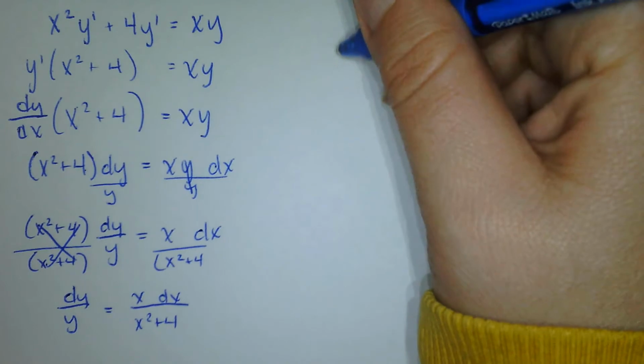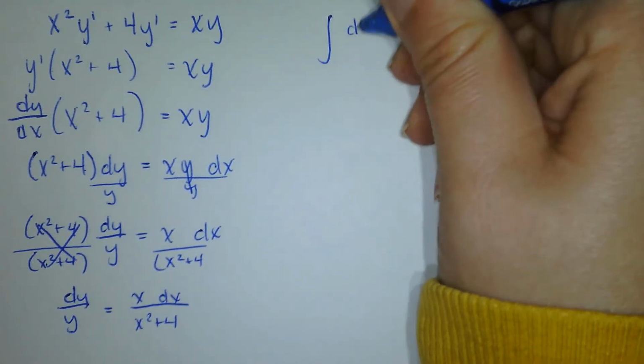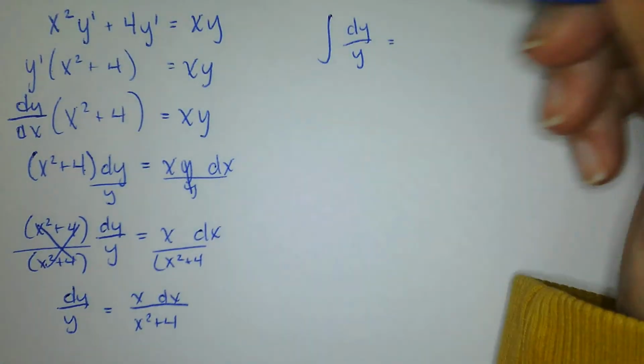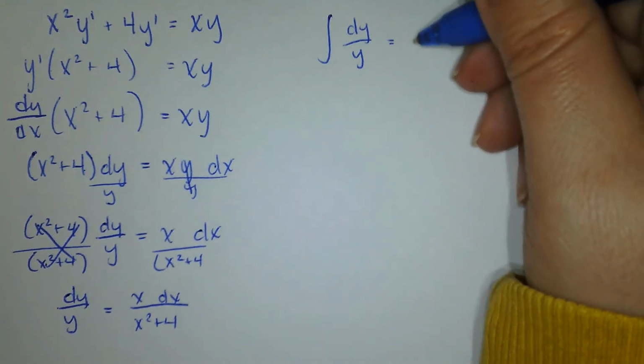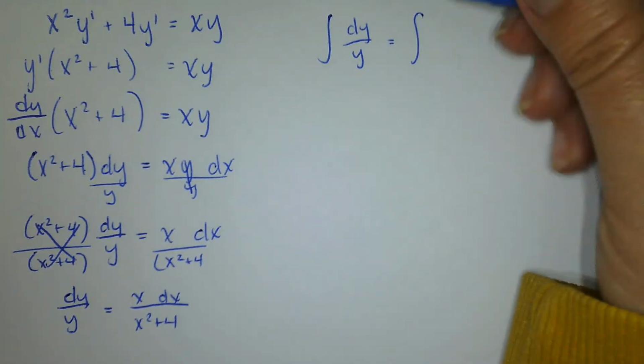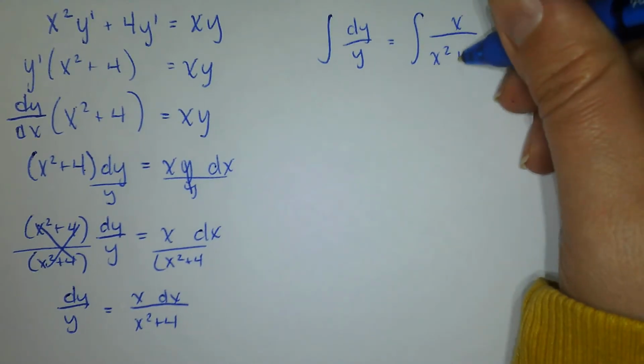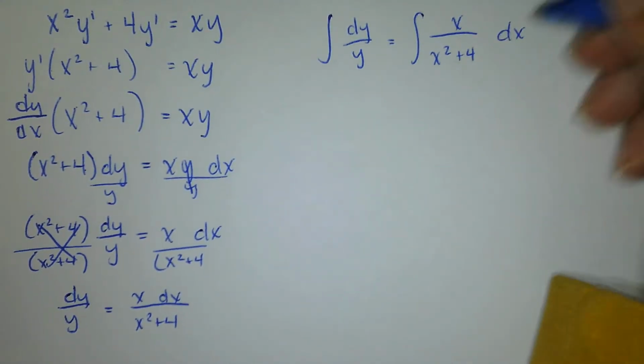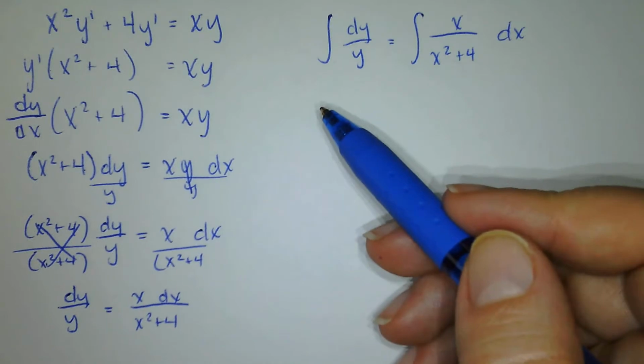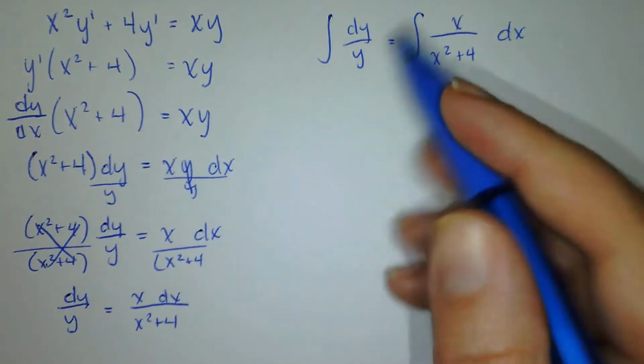So the integral of dy over y is equal to the integral of x over x squared plus 4, and that's dx. All right, this side's easy.